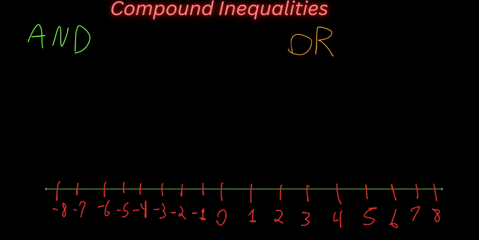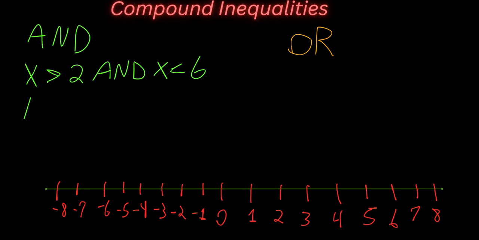So when we see something like, let's stick with the example, x is greater than 2 and x is less than 6, what does that mean? That means both are true. X must satisfy both requirements.